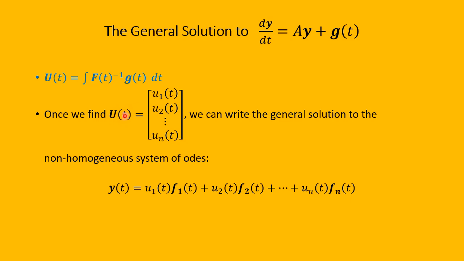So once we have this integral, assuming that we can do the integration, once we have u of t, we can plug those back into the formula for the general solution to this non-homogeneous problem up here. So y of t will equal u sub 1 of t times f sub 1 of t plus u sub 2 of t times f sub 2 of t plus u sub n of t times f sub n of t.